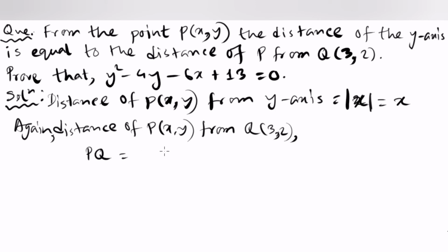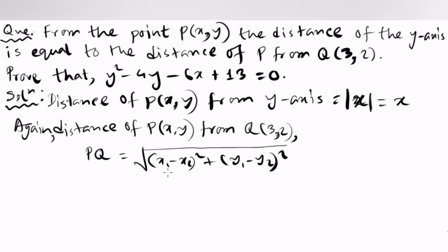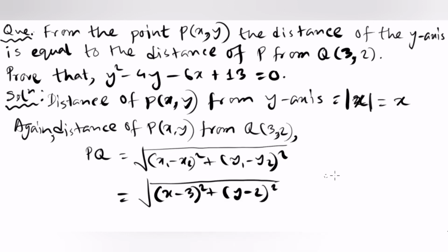It will be the square root of (x1 minus x2) whole square plus (y1 minus y2) whole square. Now we consider x as x1, y as y1, 3 as x2 and 2 as y2. So it looks like x minus 3 whole square plus y minus 2 whole square.